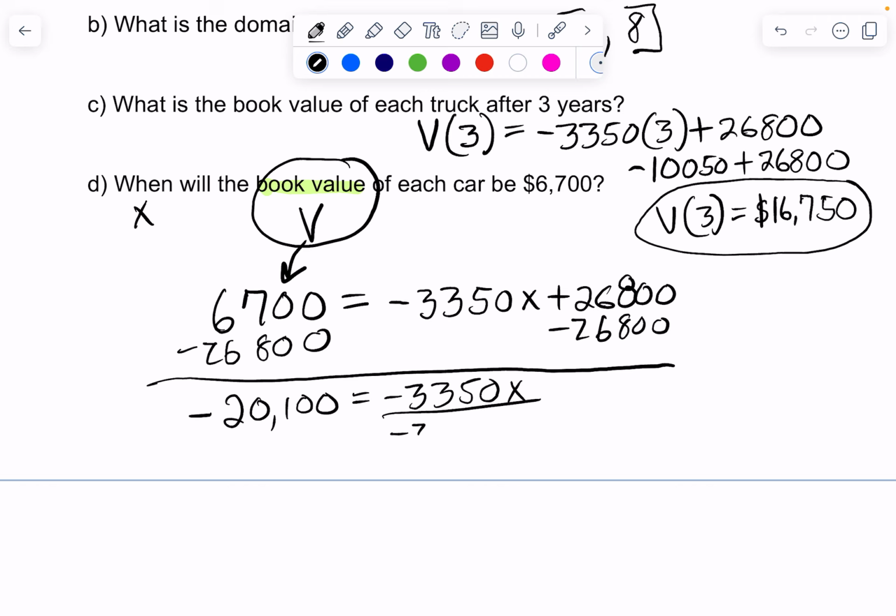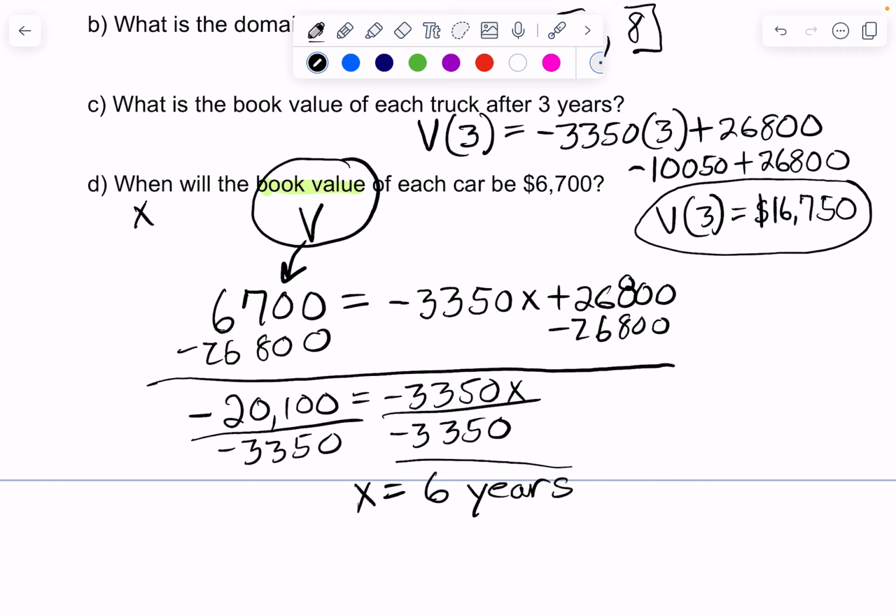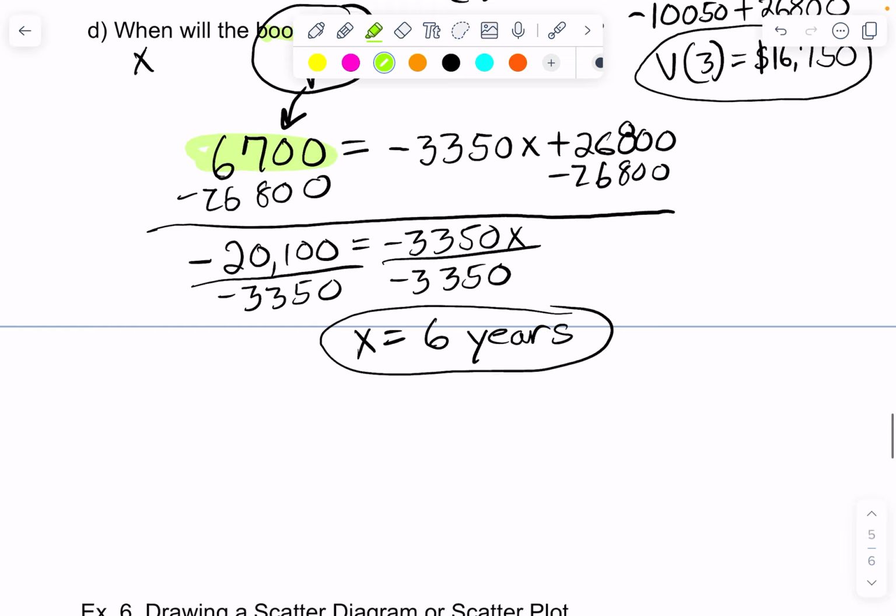Go ahead and divide to cancel out multiplication. And my value x will equal 6 years. So after 6 years of use, the value of the truck will be $6,700. And that is book value.